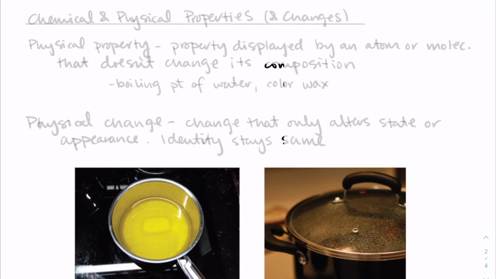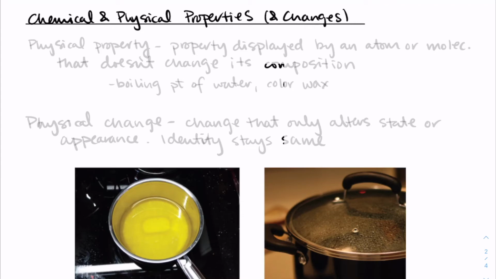We should also talk about chemical and physical properties and chemical and physical changes, because these are also ways that we talk about how we do things to elements and compounds, and it tells us what to expect as the result, or if we have a reaction, which is really what we'll get to.